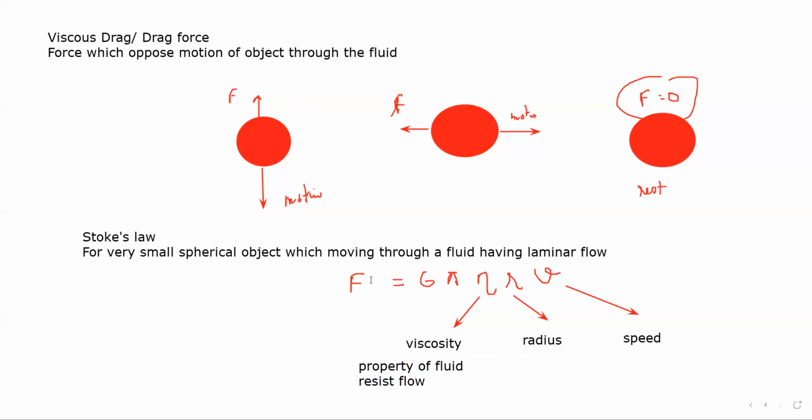When the fluid tries to stop or resist the flow, or does not flow easily, we call this property viscosity. For example, if you have two containers, one filled with water and another filled with the same amount of honey, and you transfer both of them into another container and empty the container, which one do you think will transfer quickly, water or honey?